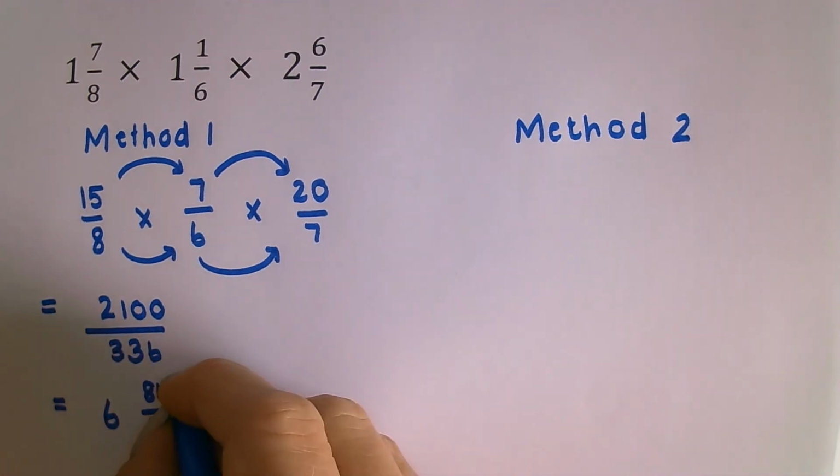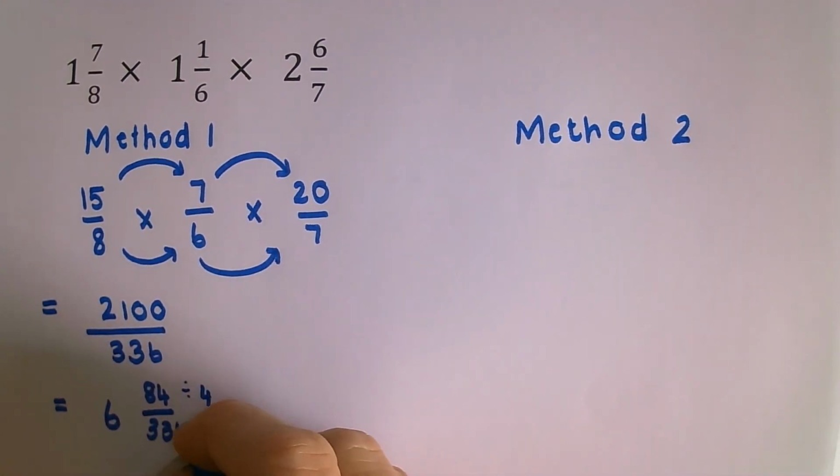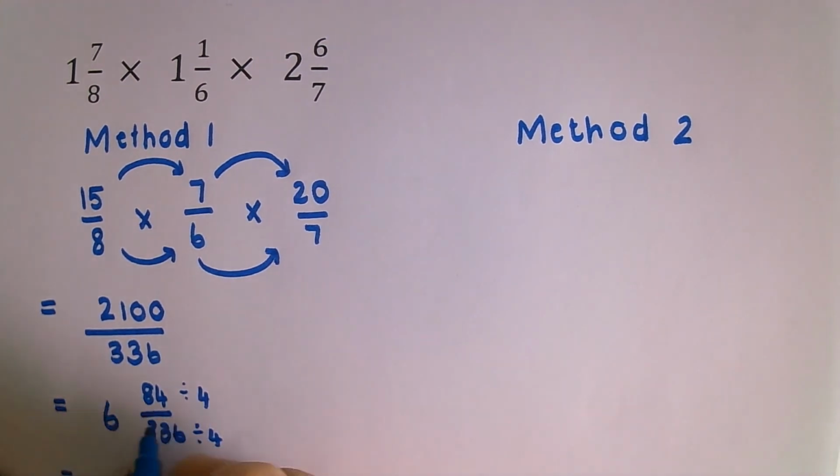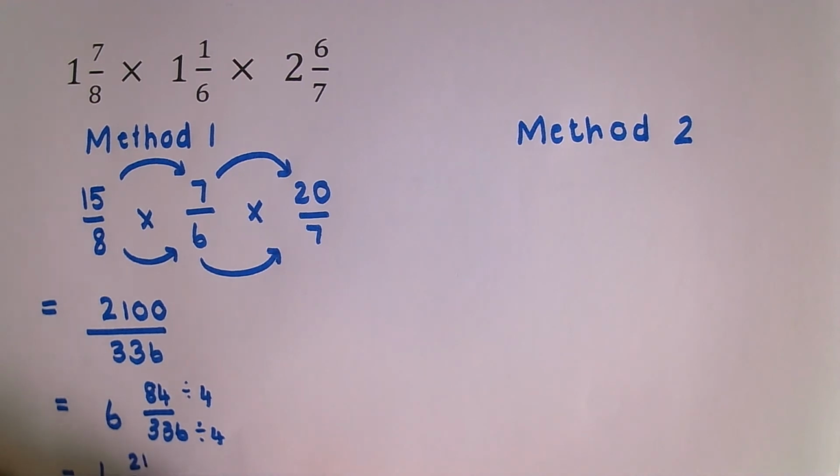I know 4 can go into 84, and 4 can also go into 336. So 84 divided by 4 is 21, and 336 divided by 4 is 84.